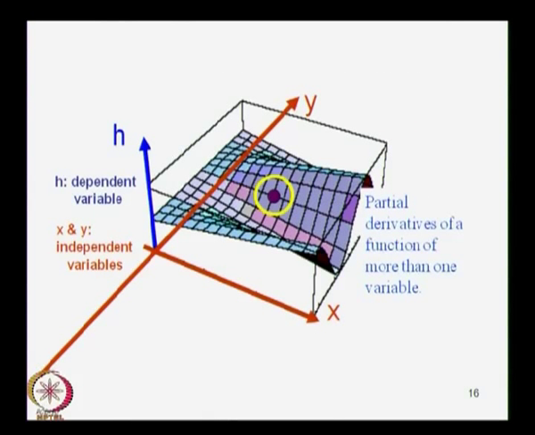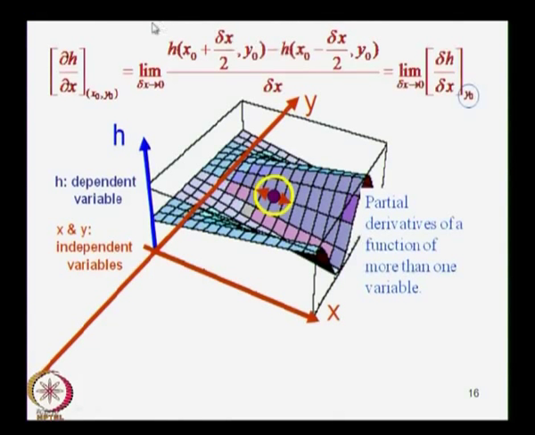any other function which really depends on two independent parameters, will be shown by this, and you will have to determine what are called partial derivatives rather than the total derivative. Here you determine the derivative of the height h as a function of x, and this you determine by taking displacements along the x axis over a short interval, which in the limit must become infinitesimally small, at the same value of y.